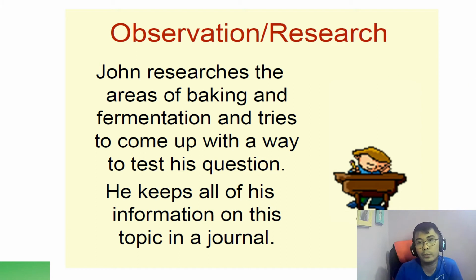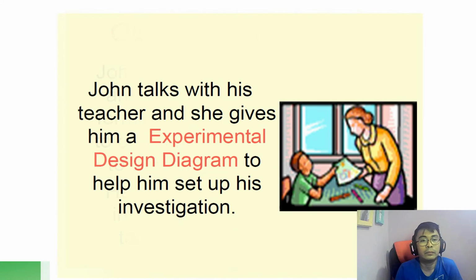That's how we do observation and research. John talks with his teacher and she gives him an experimental design or diagram to help him set up his investigation. So John talks or consults with an expert, in this case, his teacher.